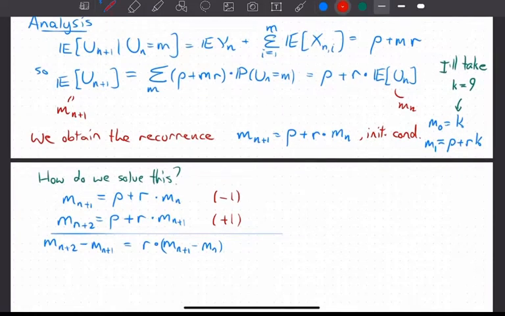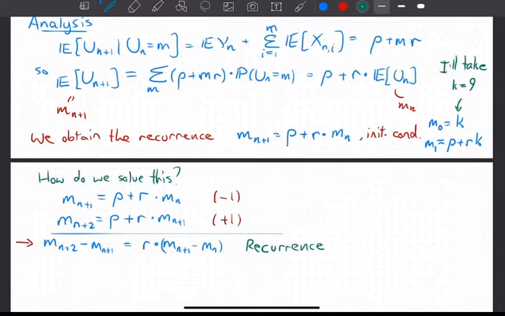Okay, so back to here. This is nice because now, rather than an affine recurrence, we have a simple multiplicative recurrence for the differences. This is a simpler recurrence.